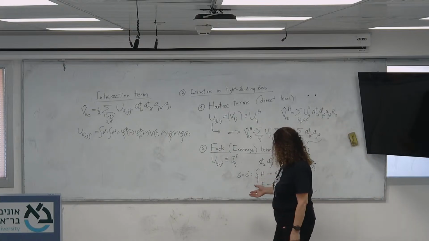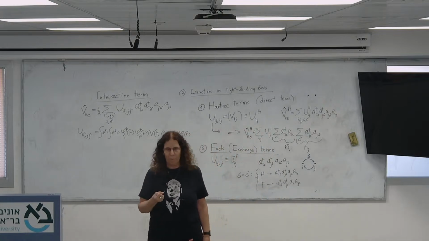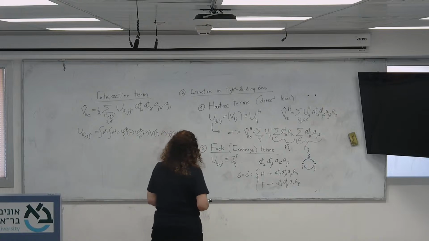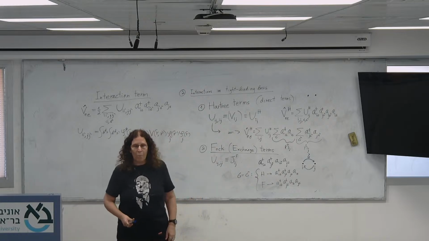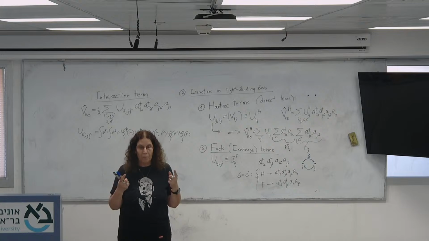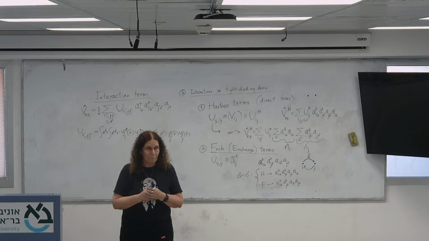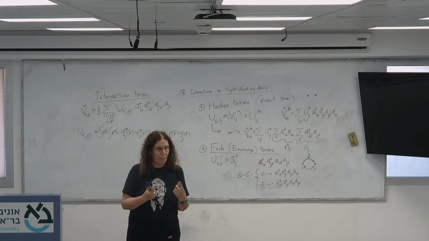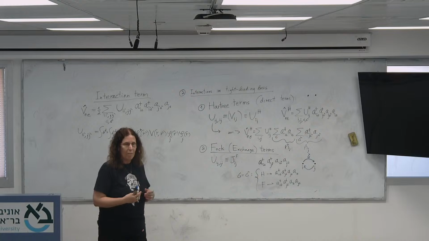Let's say that the interaction is indeed coming from Coulomb interaction, which is repulsive, right? And the Hartree term gives you repulsion. But the electrons with the same spin feel a reduced repulsion. If all the spins are in one direction, they feel the repulsion less.